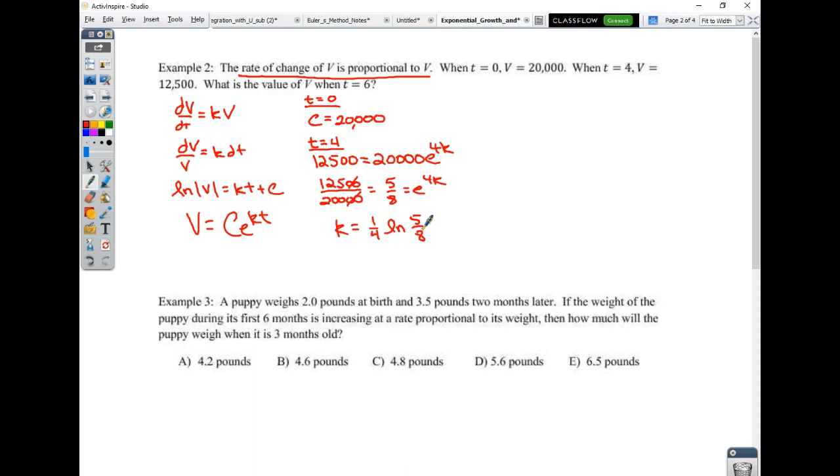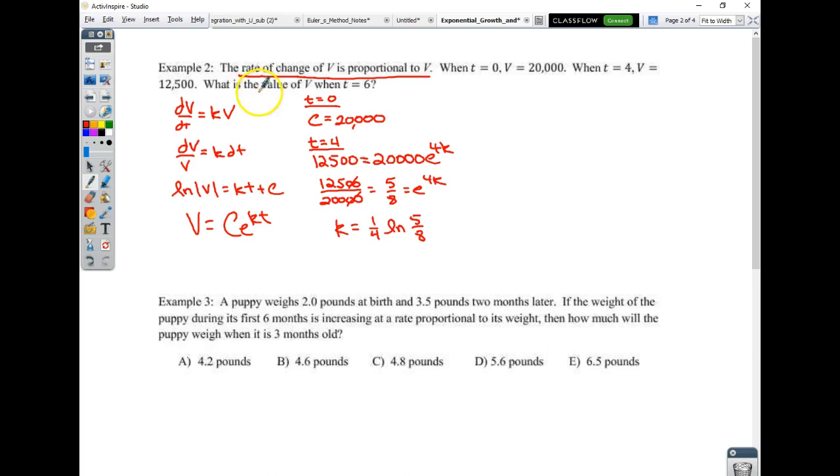So, natural log of anything less than 1, but greater than 0, because remember, we can't be 0 or negative in a natural log, right? We want to remember that the natural log of a value from 0 to 1 is a negative. So do I have a negative k? Yes. Sure. What is it as a decimal? I don't know. I don't care.